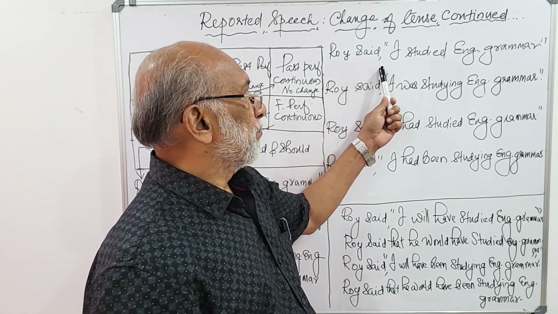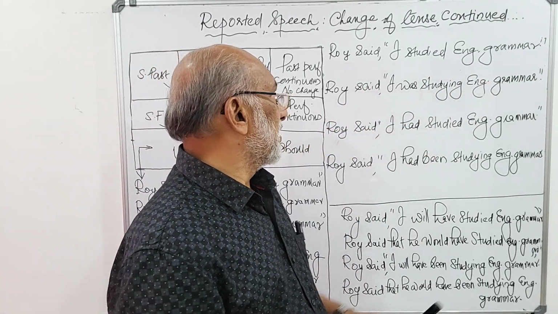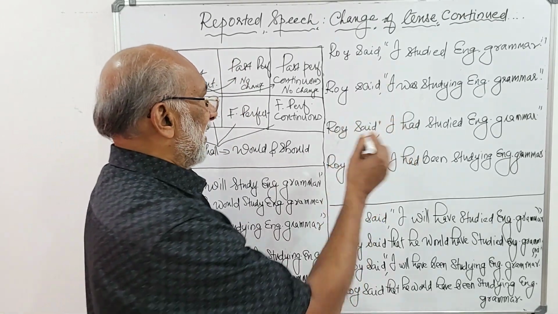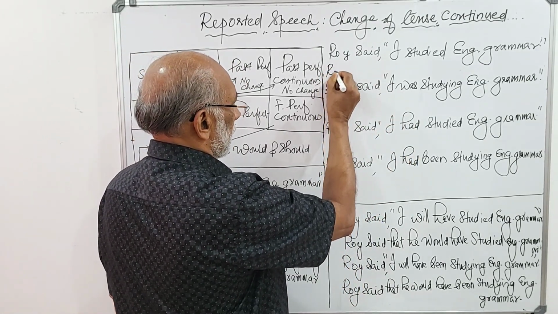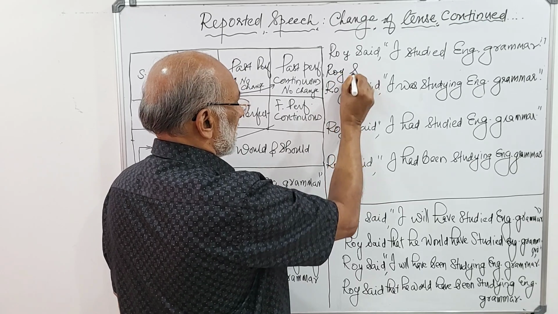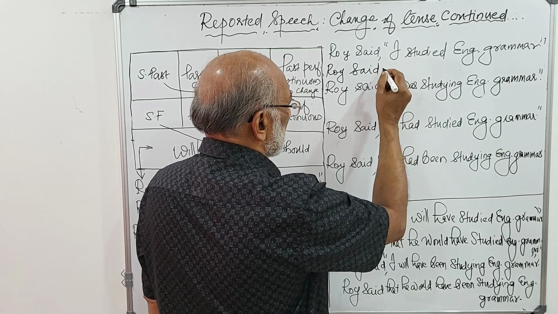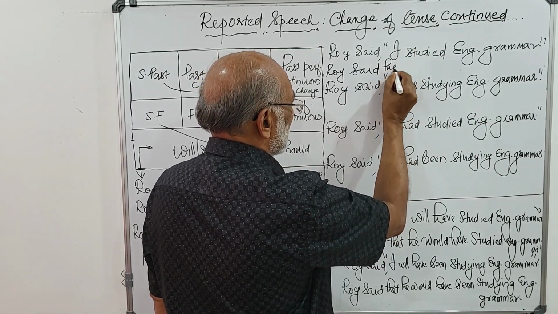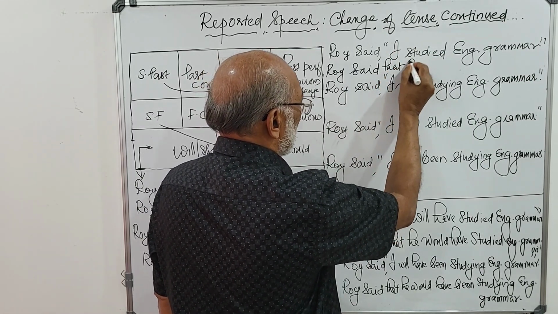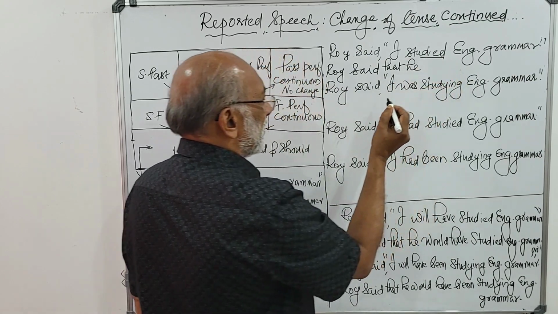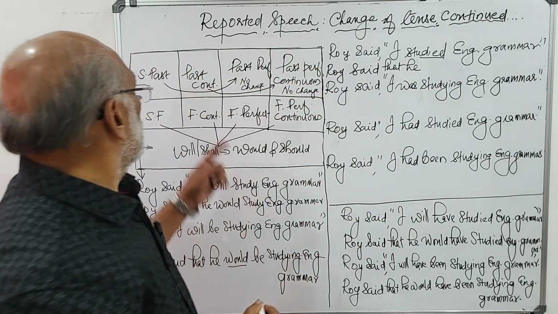Roy said, I studied English grammar. Let's try to convert it into indirect speech. Okay. Roy said, inverted commas removed, conjunction that is added, that I becomes he, that he. Studied is our verb. Okay, what is the rule?